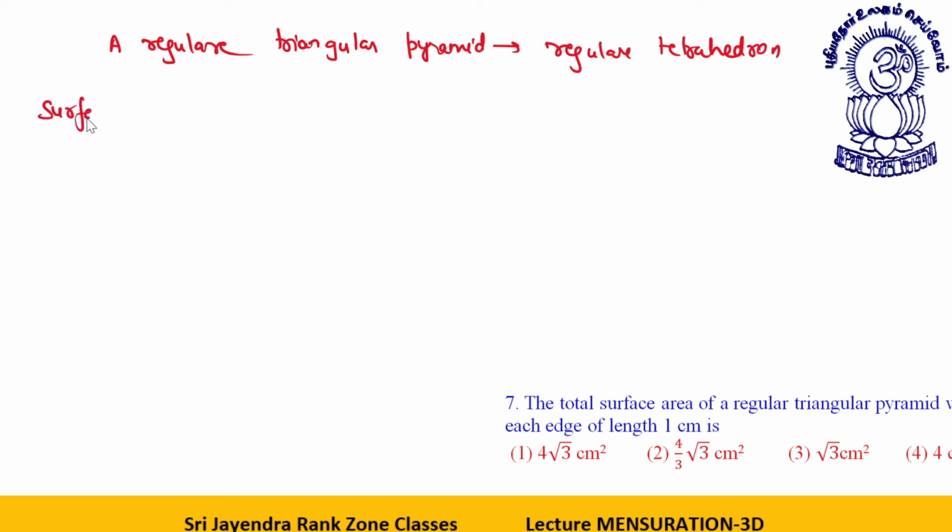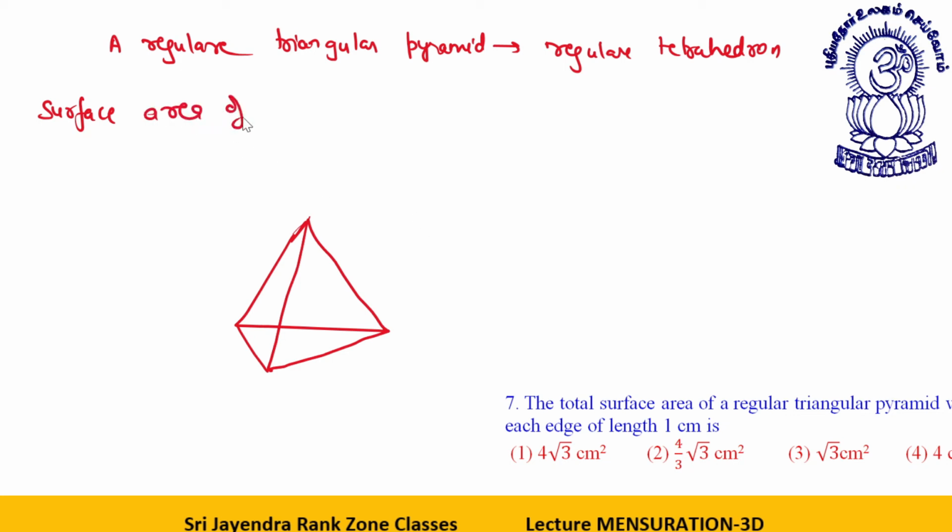Now, see what will be a regular tetrahedron? A regular triangular pyramid will be like this: a triangle with some base, and this has height h. Getting it, dear students? Or I can draw it like the first I drew. Here you join a point, this, this, and this. So surface area of a tetrahedron was what?